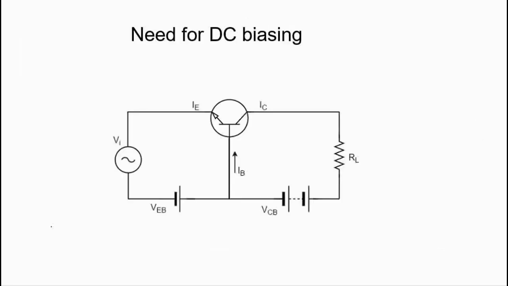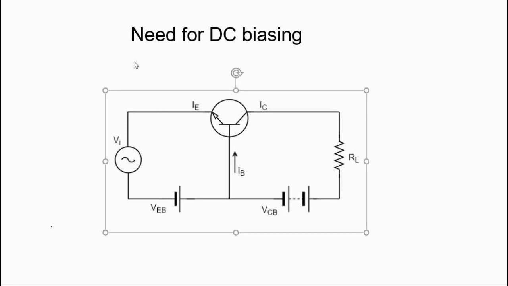So what is the need of DC biasing? If a signal of very small voltage is given to the input of a BJT, it cannot be amplified, because for a BJT to amplify a signal, two common conditions have to be met. So what are those two conditions?